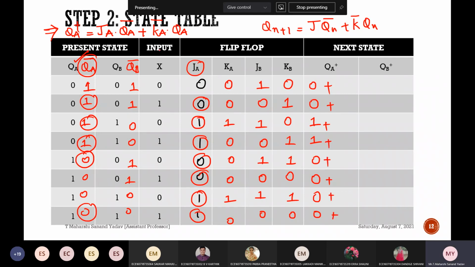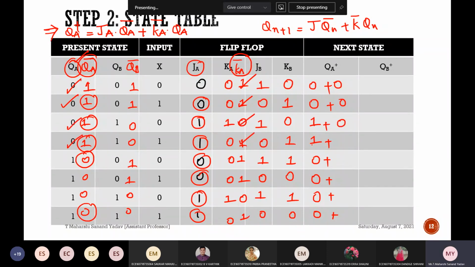Now you need to multiply KA complement with QA. KA complement means 1 1 0, 1 1 1, 0 1. Use KA complement and QA. Tell me the answer. 1 into 0 will be 0. Similarly, 1 into 0 is 0. 0 into 0, 0.